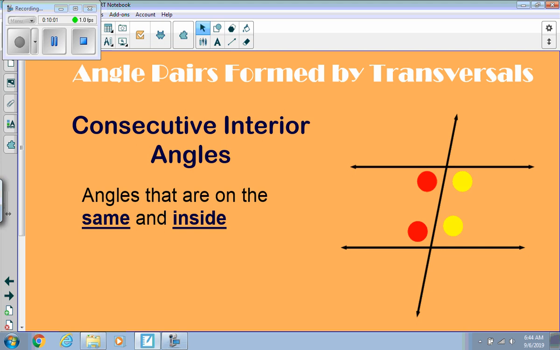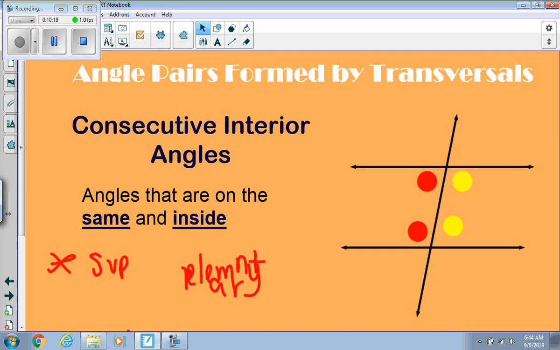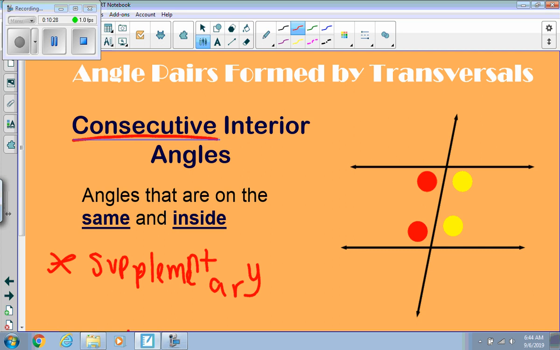These angles are always going to be supplementary to each other. The word consecutive is what tells us they're going to be supplementary.